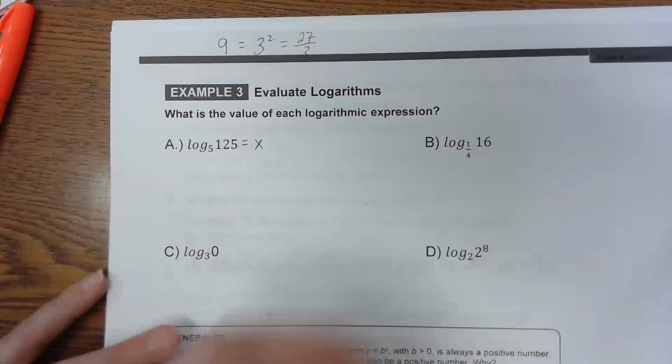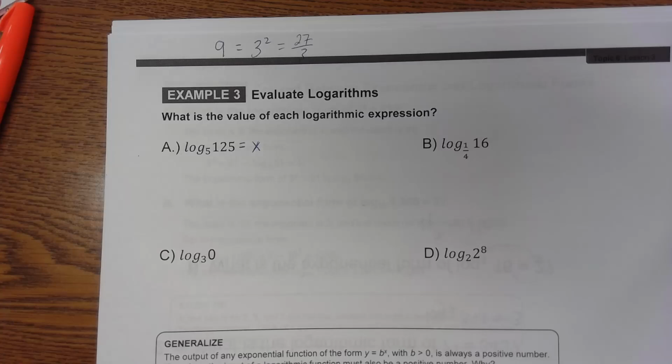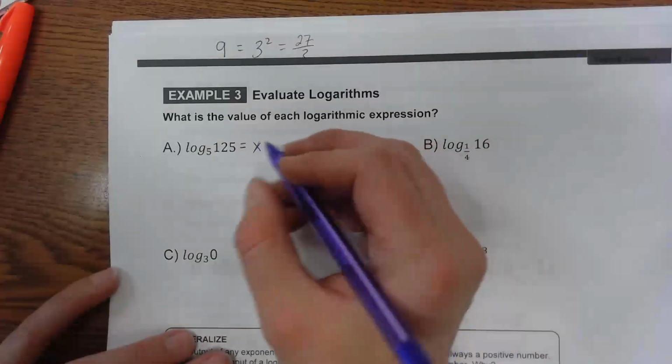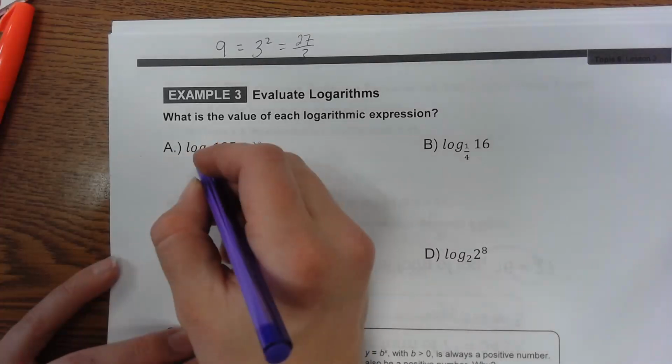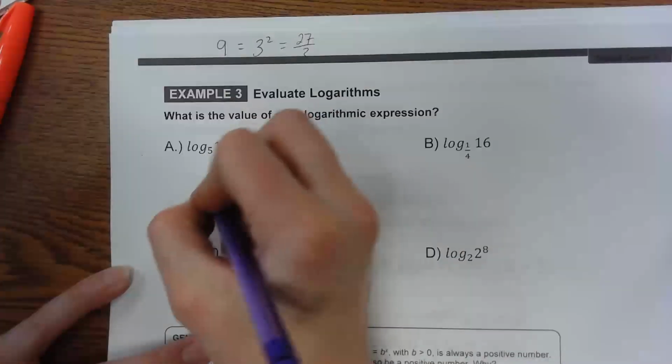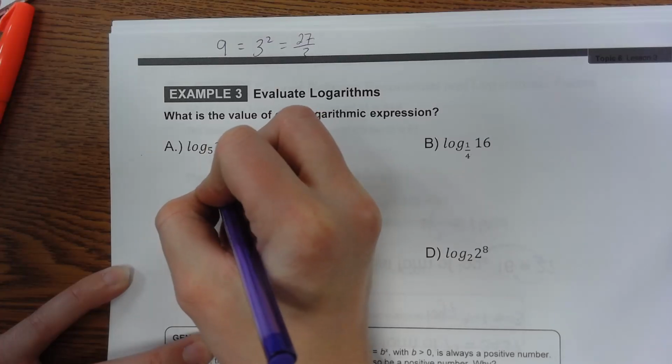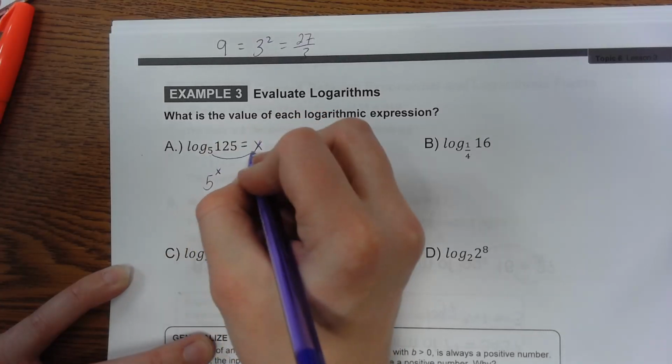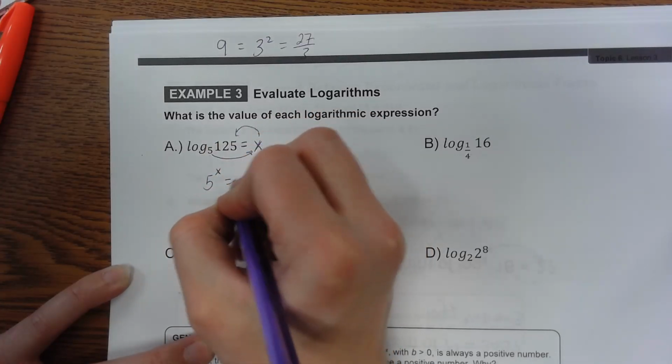Now we're trying to find our value here, and so now I'm going to change forms, right? So I'm in log form, then I'm going into exponential form. So I'm going to start with 5 raised to what power of x gives me 125.